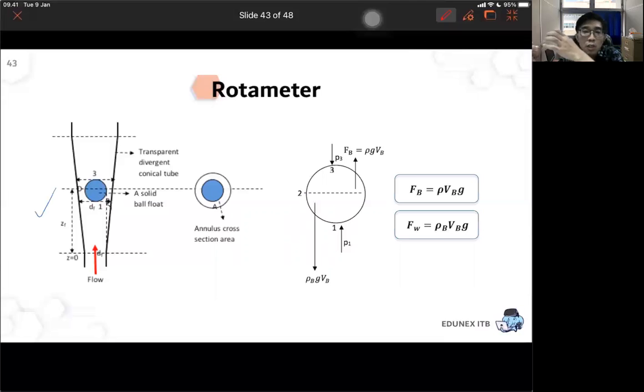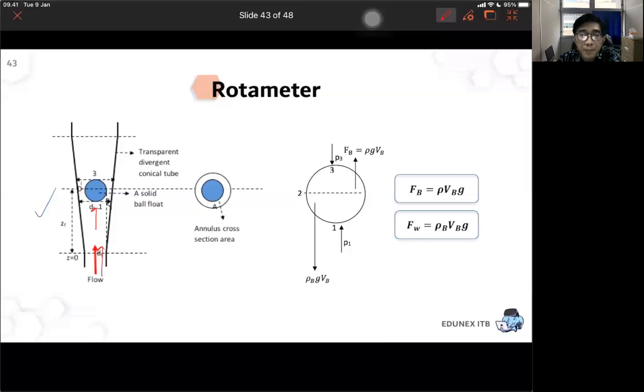The tube does not have the same diameter throughout, but the diameter slightly increases. And like I explained before, the gas will flow from downwards and lift the ball until a certain position.